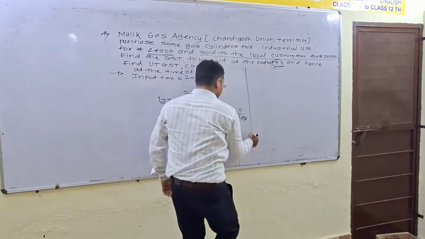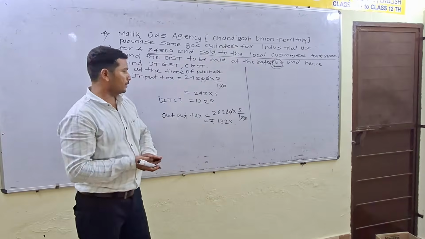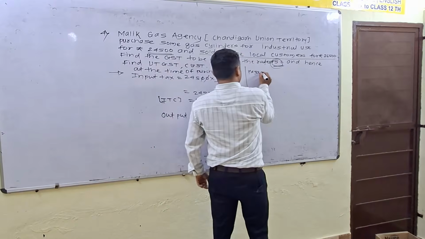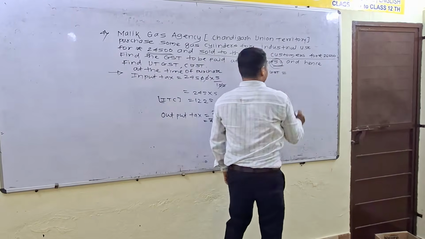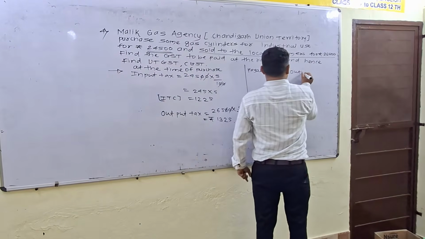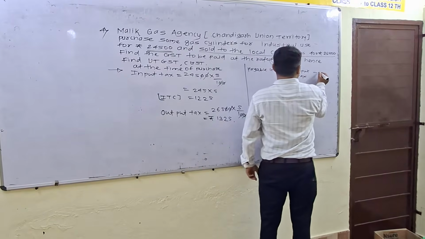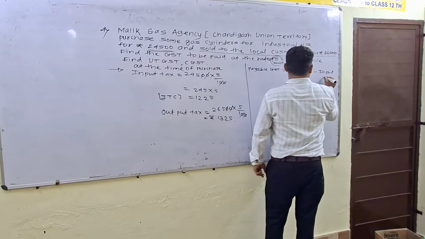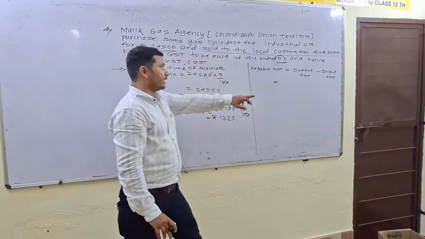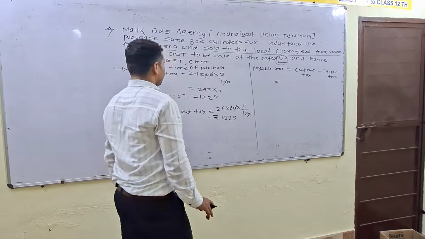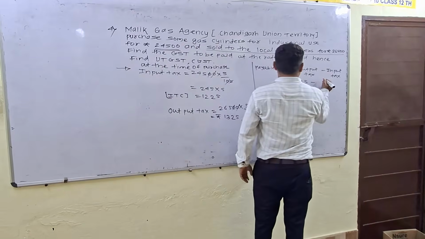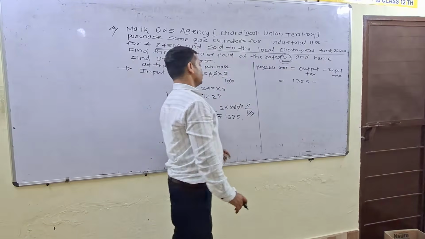Next we use the easy formula to find the payable GST. Payable GST is equal to output tax minus input tax. Output tax is 1325, minus input tax 1225.